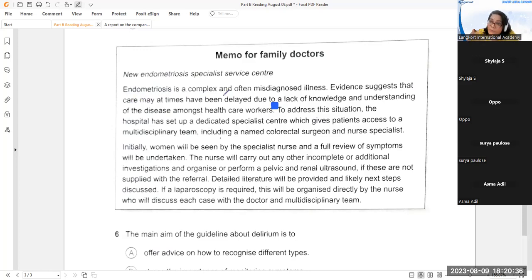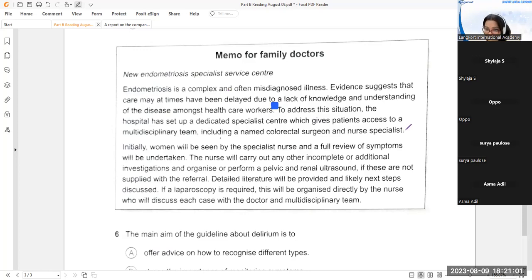So before, the care might have been delayed due to a lack of knowledge, a lack of awareness of the disease amongst healthcare workers. Healthcare workers were unaware, or they did not have the understanding about the disease. Because of that, at times the diagnosis or care has been delayed before. So that's what the evidence says.